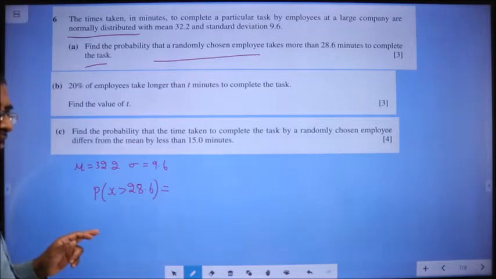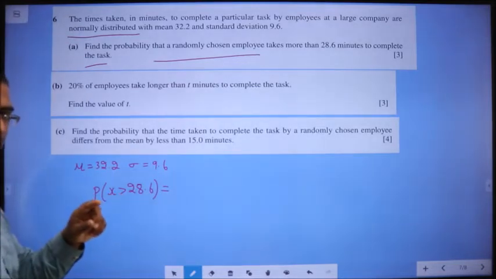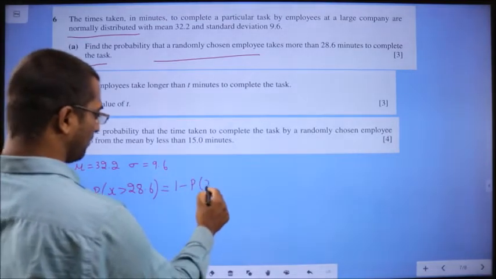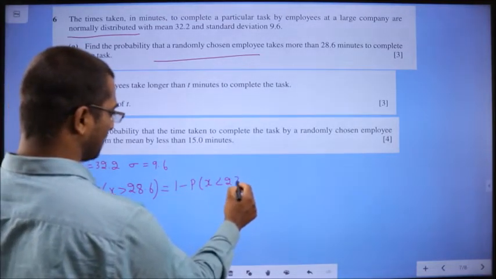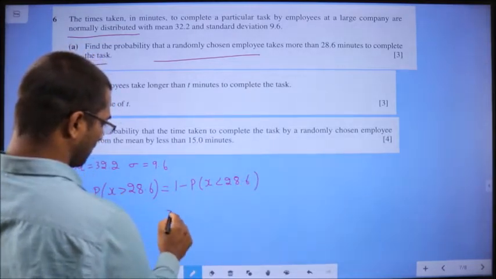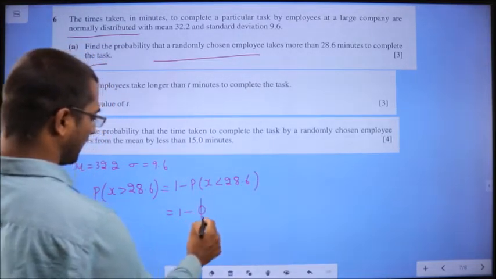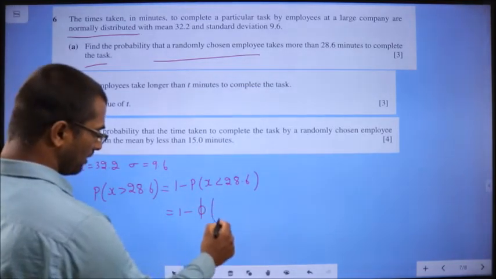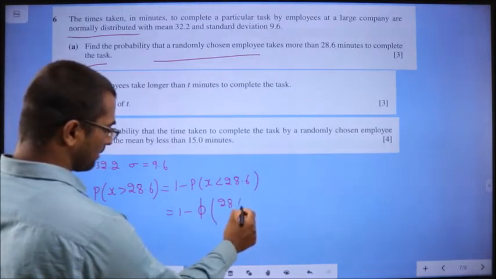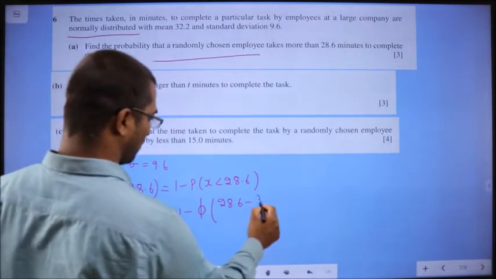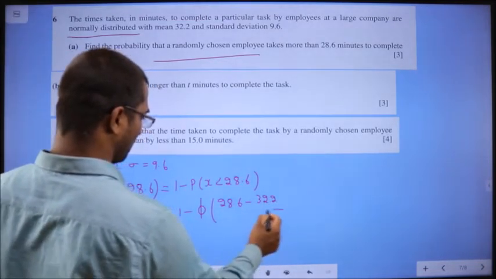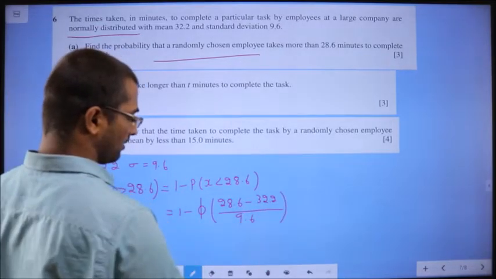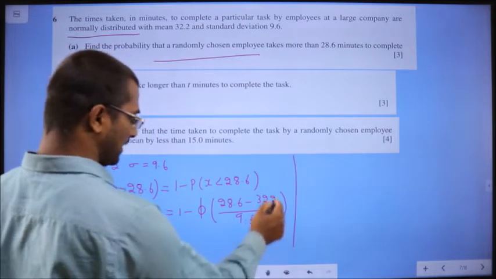Directly the phi function will not come. I should make it a less than symbol. For that I do 1 minus P of X less than 28.6. So that is equal to 1 minus, now phi can become, because here less than symbol I got, phi of (X minus mean 32.2) by standard deviation 9.6. So put this in the calculator.